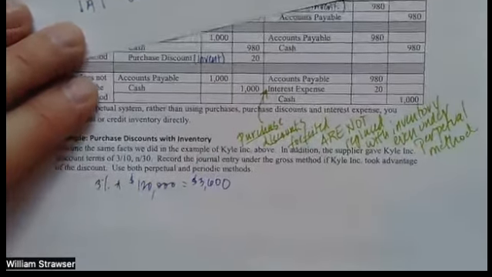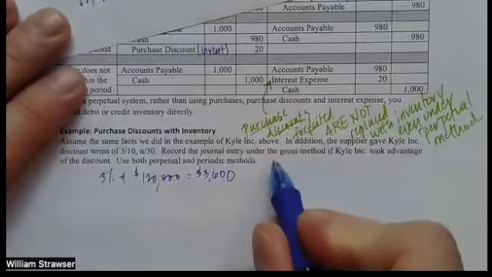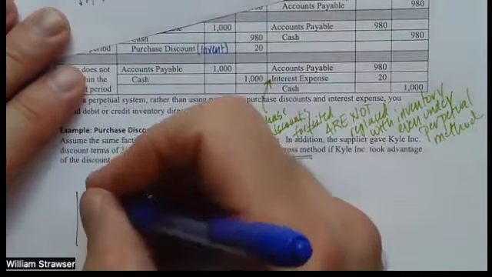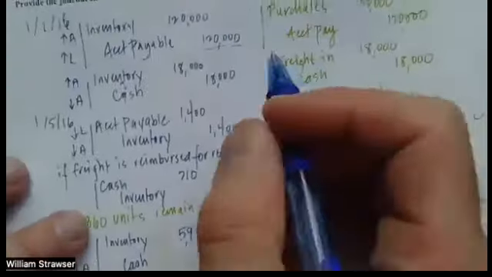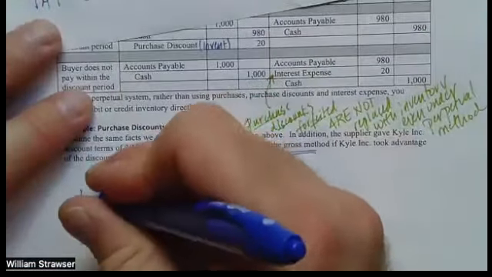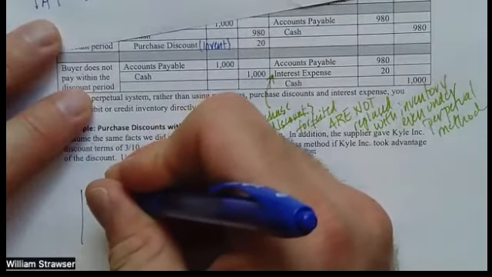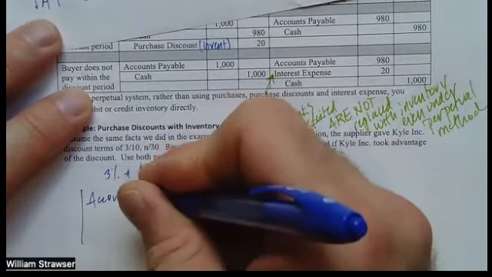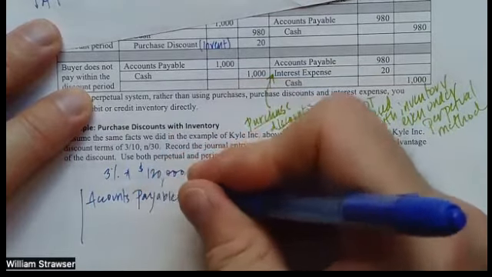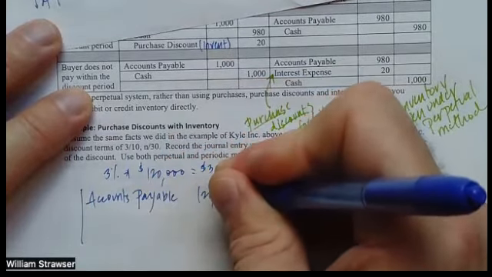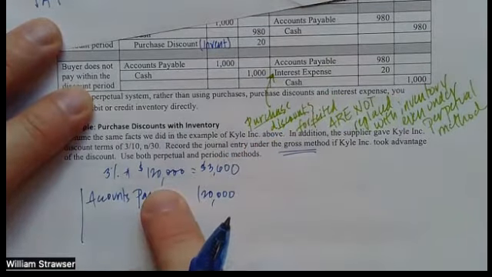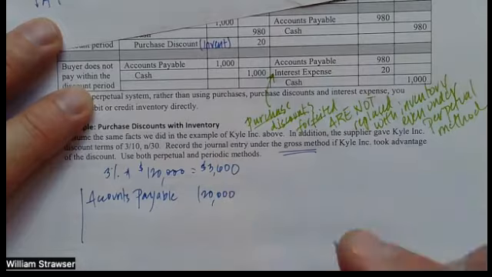So if they paid within the discount window and they're using the gross method, then they would record a reduction to the full payable of $120,000. They would only need cash of 120 minus that amount.